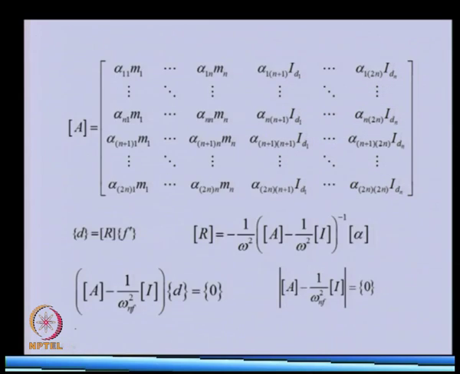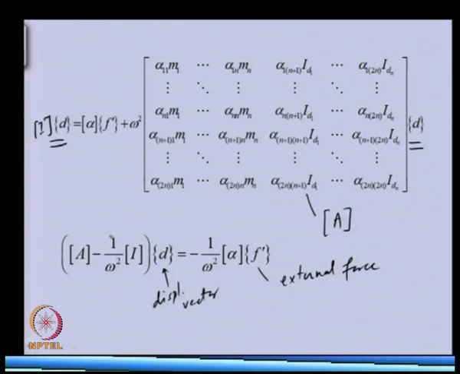So, we can get displacement D as R into F prime, where R is the inverse of this, basically inverting this matrix to get D. So, here D is 1 minus omega square, inverse of this whole term, where omega square will be the spin speed for this case, inverse of this into alpha into F prime.